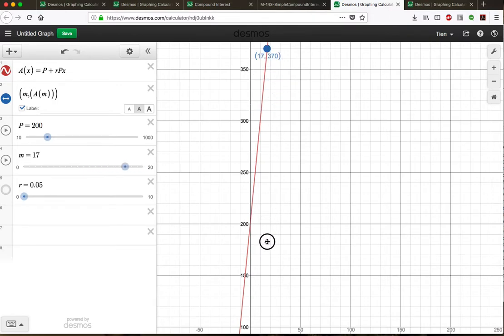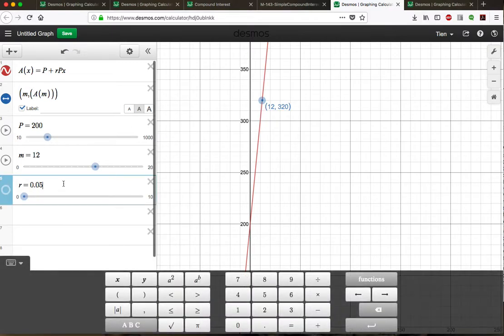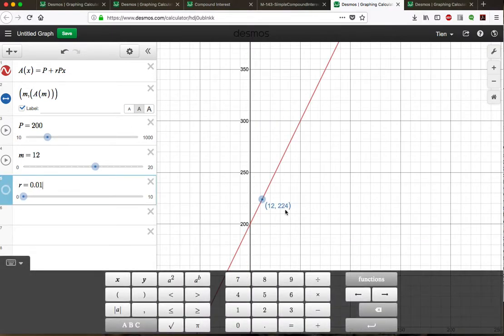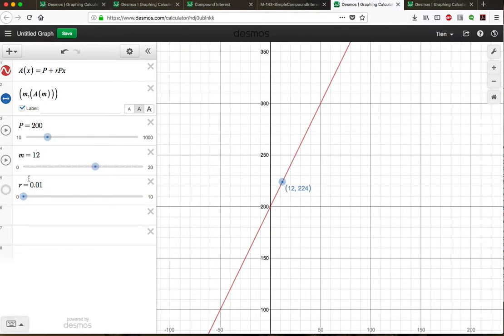That's how much more money you're accumulating. And if you change the rate to something lower, then we would start with $200, and now I only accumulate 1% a month, which translates to $2. But either way, all you gotta do is think about how much you owe at first and how much you're gonna get charged each month, and you'll automatically get a y-intercept and a slope, so you get a line.